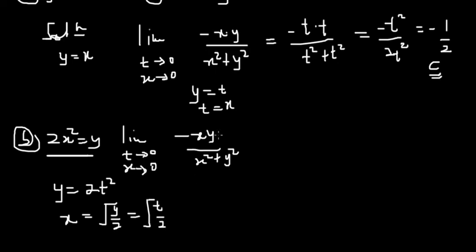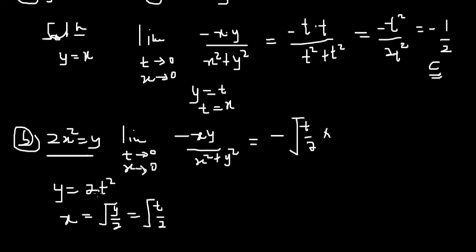Now let's try to substitute that into this expression, okay? So we have minus x. So x is root of t on 2, so we have negative root of t on 2, and then you multiply that by y.